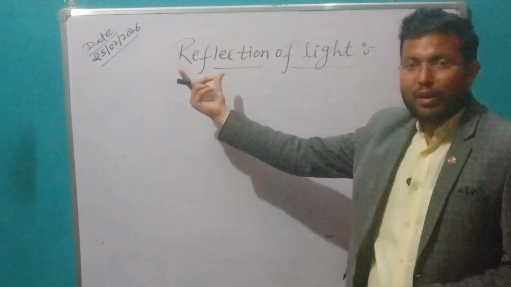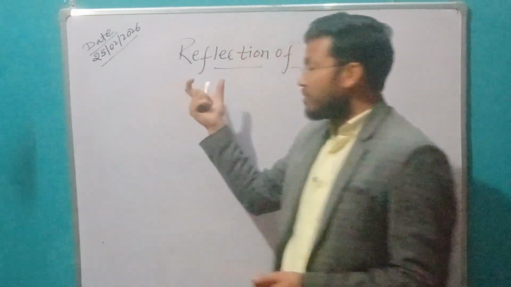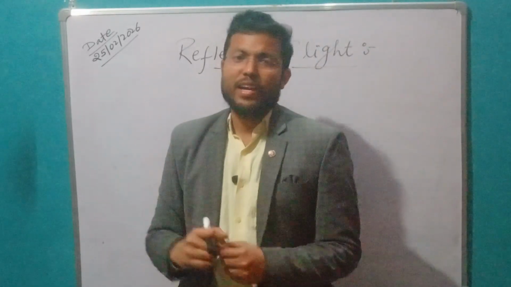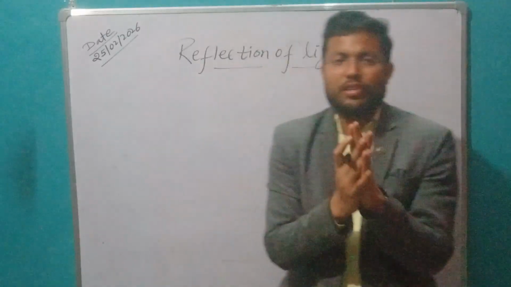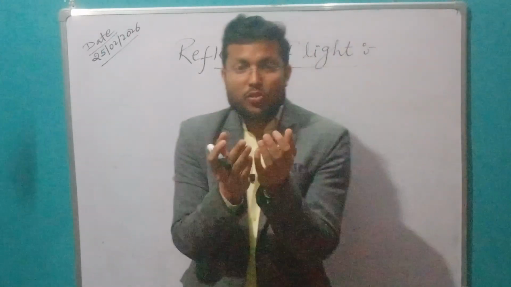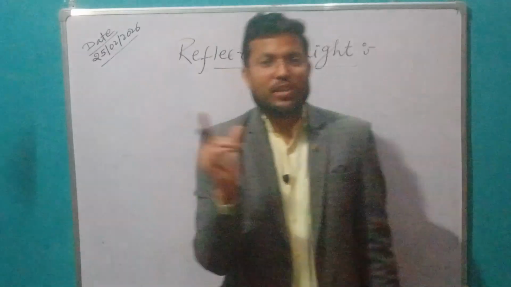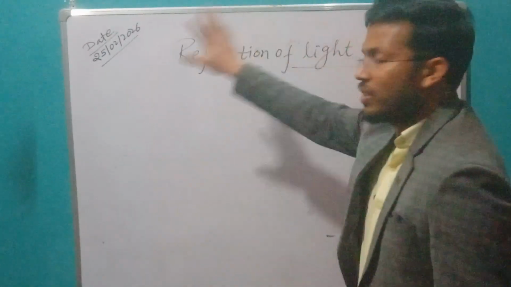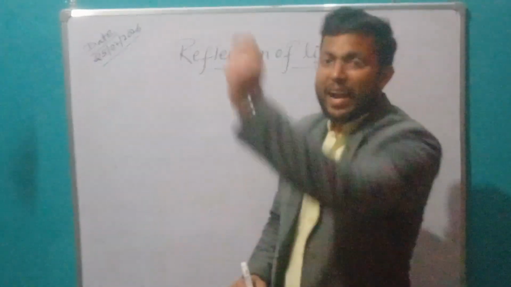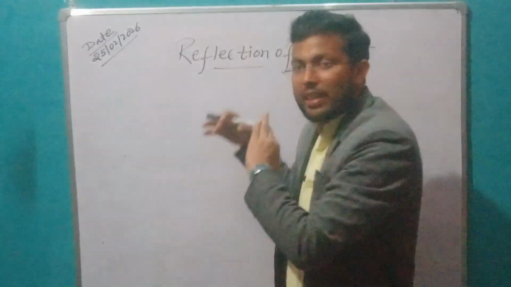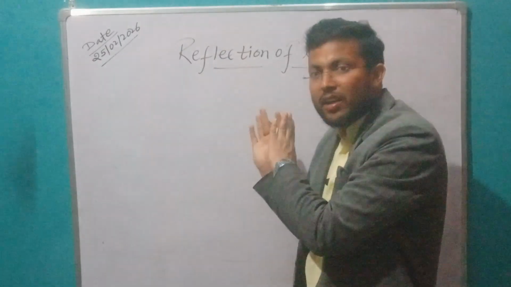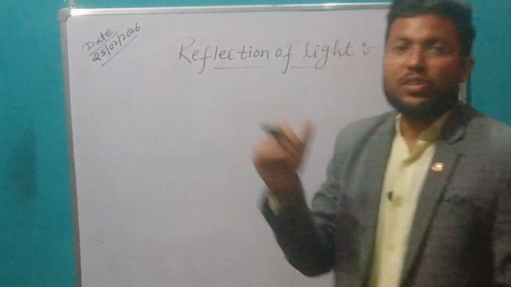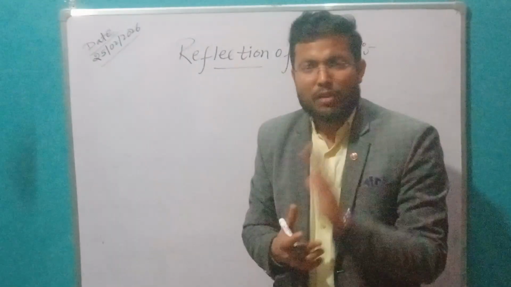The term reflection means bouncing back. Reflection means turn back. When the light falls on any smooth polished surface, that light bounces back. This phenomenon is known as the reflection of light. You see here that this is a smooth and polished surface. The light falls on this surface, then this surface reflects the light in the same direction from where the light comes. This phenomenon is known as the reflection of light.